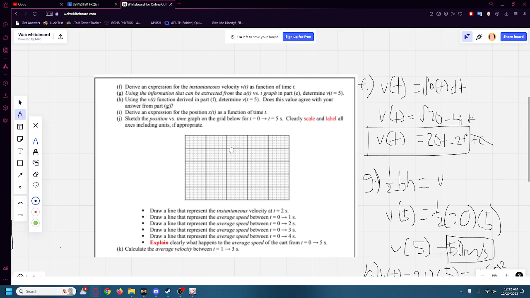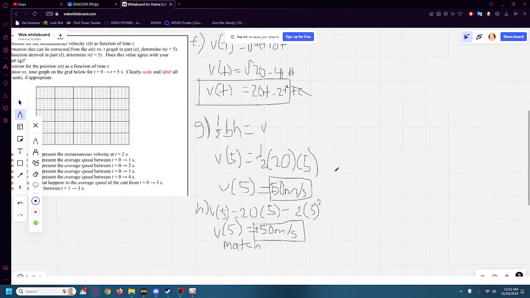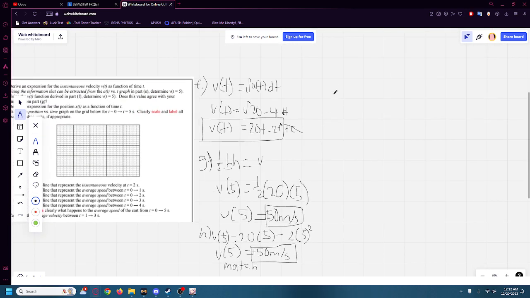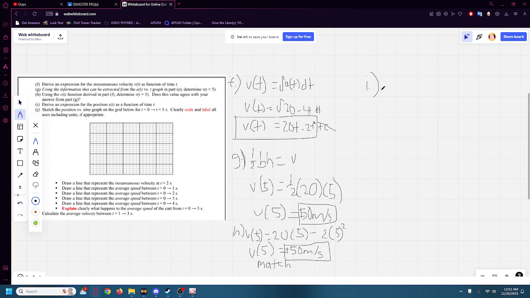I has to derive x of t. So x of t is equal to the integral of v of t.